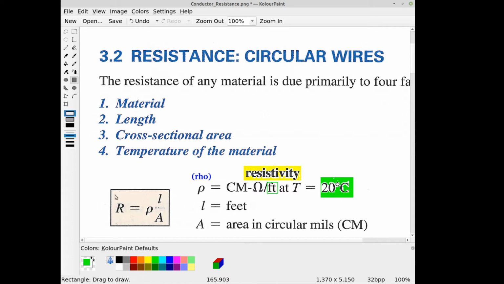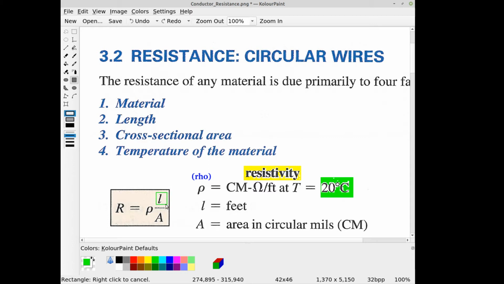This is the general equation for resistance due to the physical properties of the resistor. We have the resistivity, which has units of area times ohms divided by length, and then we multiply that times the length.